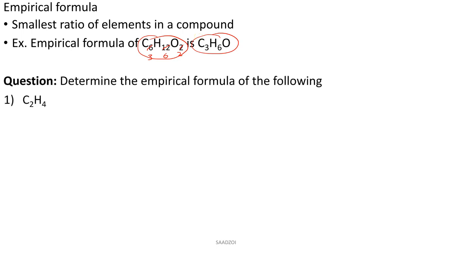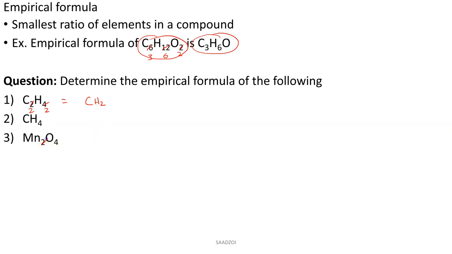All right, let's determine an empirical formula for a couple of them just to make sure you understand the concept. Here, divide by 2, you get CH2. For this one, notice you can't divide by 1 or 4 to get a different value. So this is your empirical formula. It's your smallest ratio. You can't get decimals for this.